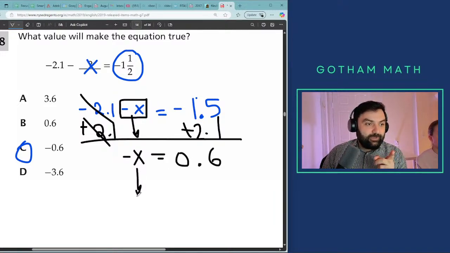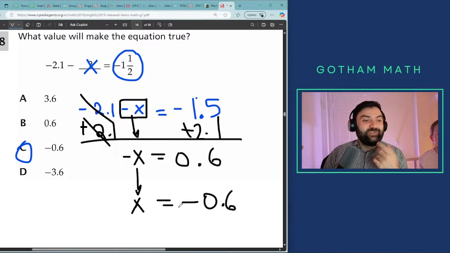If negative x equals 0.6, then positive x equals negative 0.6. They switch. And that's why it's C. So this was the algebraic way. All right. So that was another part of the 7th grade state test preparation. More will come soon.